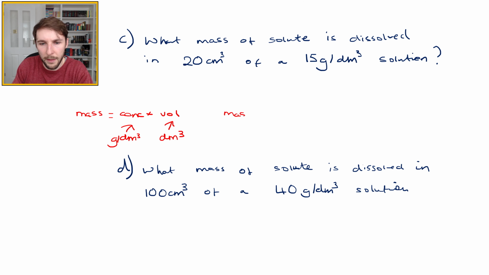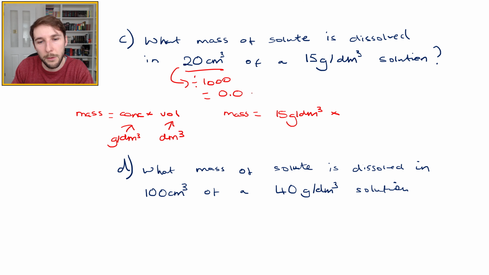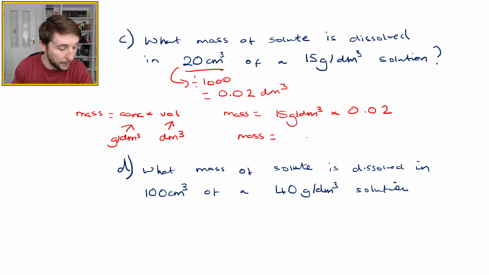The mass is equal to 15 grams per cubic decimeter, multiplied by our volume. Now our volume needs converting, it's in cubic centimeters, so we're going to divide that by 1000, and you should get for that 0.02 cubic decimeters, so we're going to multiply that by 0.02. Okay, so therefore the mass of solute dissolved in that one should come out as 0.3 grams.